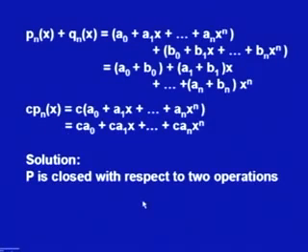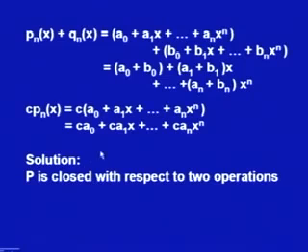By this I mean that if I have a polynomial Pn(x) in P and a polynomial Qn(x) in P, then their sum is also a polynomial in P. If you look at this definition, one can easily observe that when we add the two, the right hand side is also a polynomial of degree n with real coefficients a0 plus b0, a1 plus b1 etc. So the set P is closed with respect to addition.